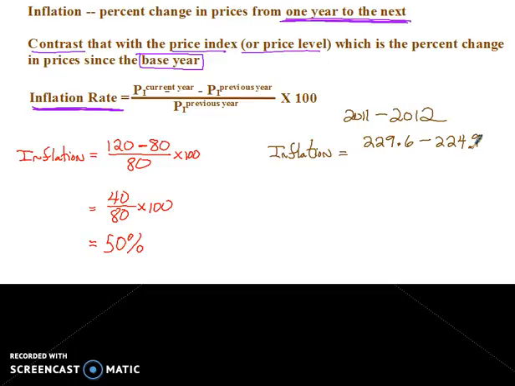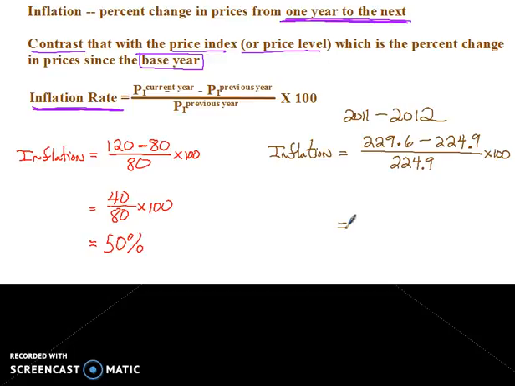And if you needed to, of course, you can rewind the video and go to the chart and look at those numbers. Then we divide all of that by the price index of the previous year, which was 224.9. That was in 2011. Multiply that all by 100. So you do your subtraction first, then divide by 224.9, then multiply it by 100.